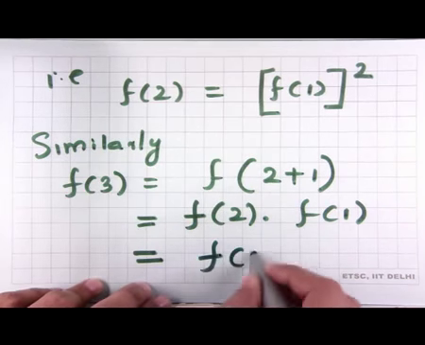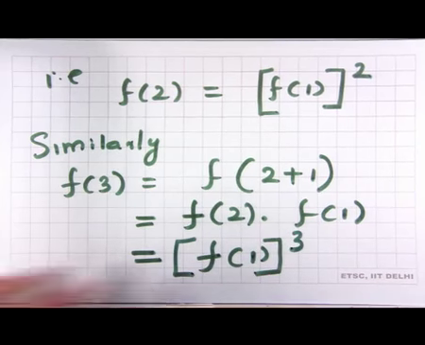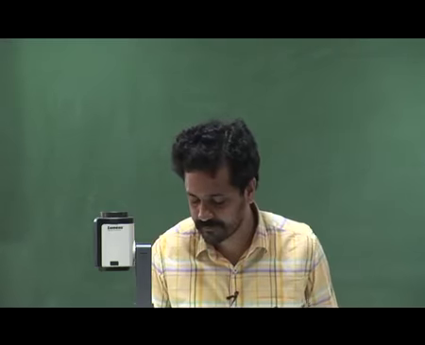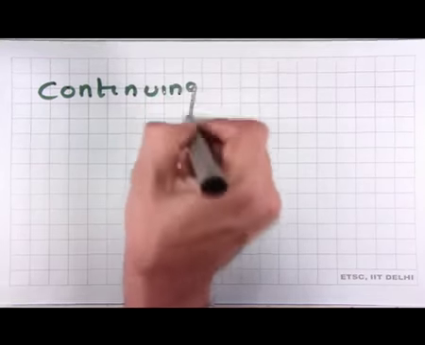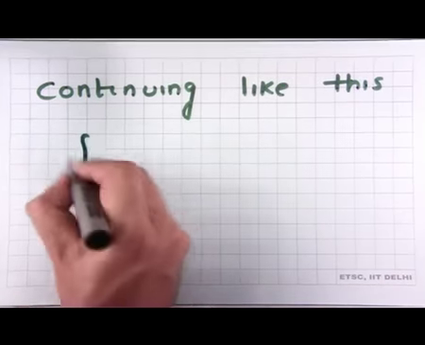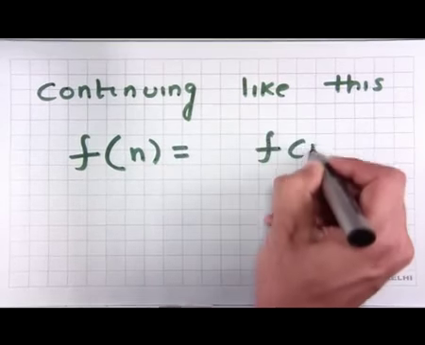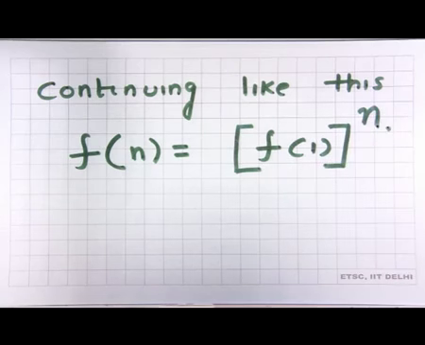So, finally, we get f of 3 is f of 1 cube and so on. Continuing like this, f evaluated at n is f evaluated at 1 taken to the nth power. This is the observation from the property of f.